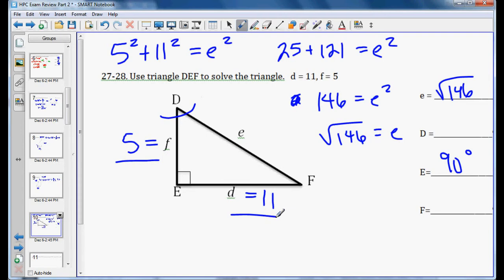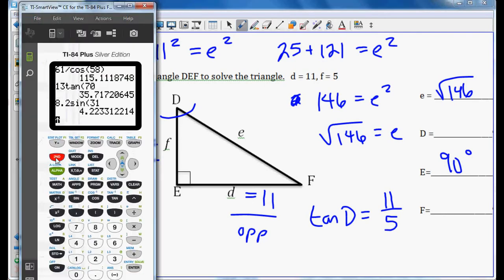So we do tangent of angle D is equal to the opposite over the adjacent. And we can use arctangent or inverse tangent to solve this. So we'll do arctangent of 11 over 5. And we get 65.56.